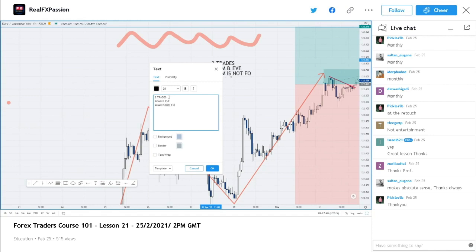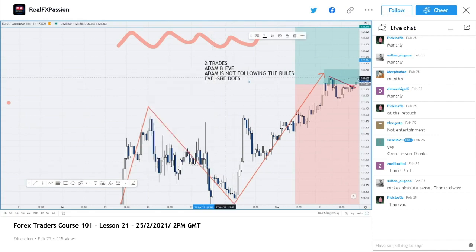Adam is not following the rules. Eve, she does. So Adam is going to buy this market. Adam will not, right? This is not a lesson about stops, everybody, but it's a lesson about how pivot points work, right?